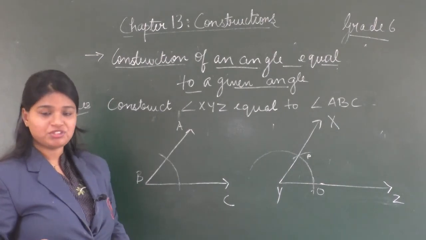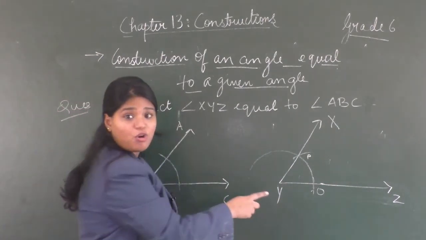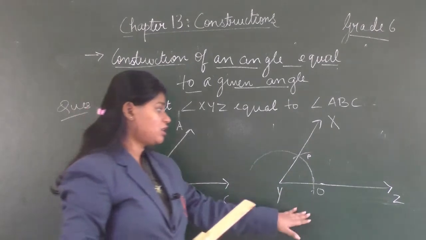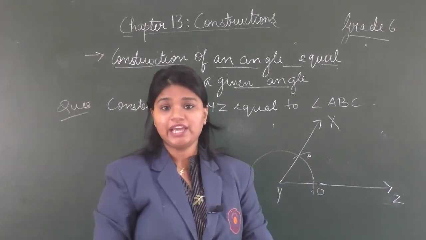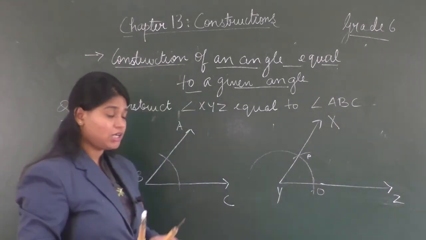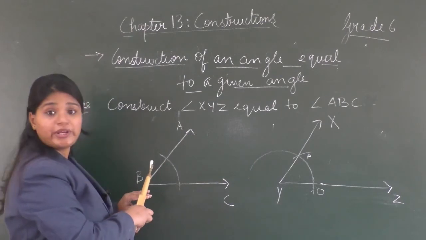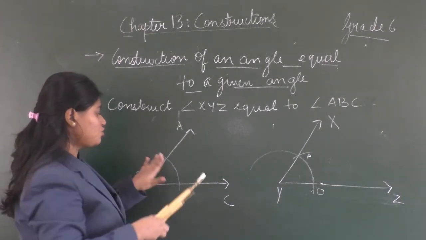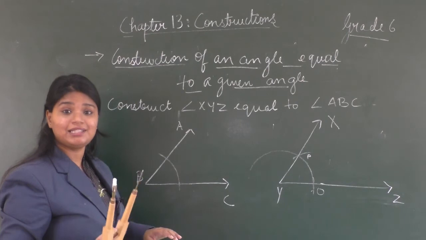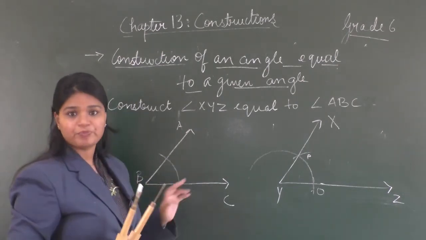So first what you need to do, you need to draw the base arm of the required angle, that is YZ. Then you will take your compass and draw an arc keeping the needle on point B. So you have constructed an arc, right, cutting the arms AB and BC.